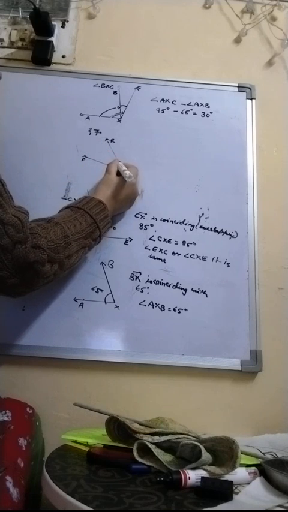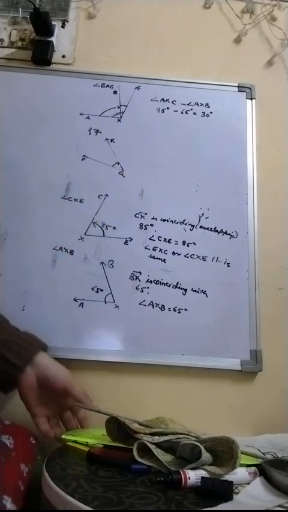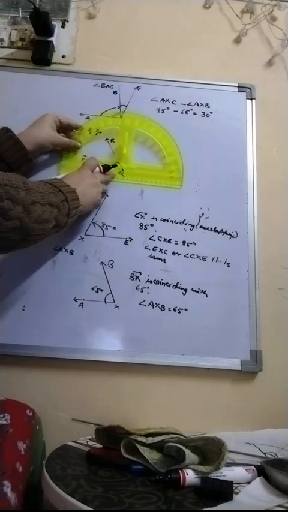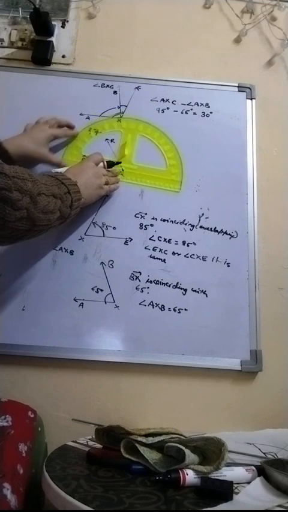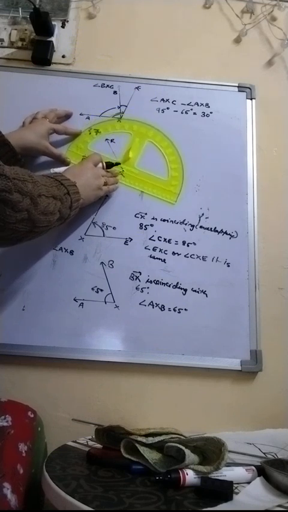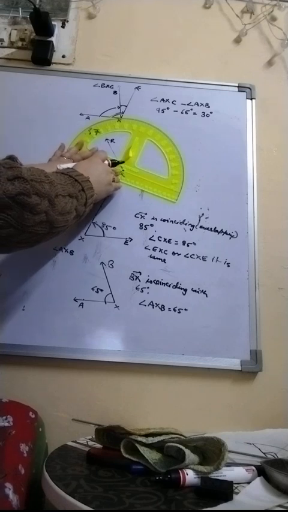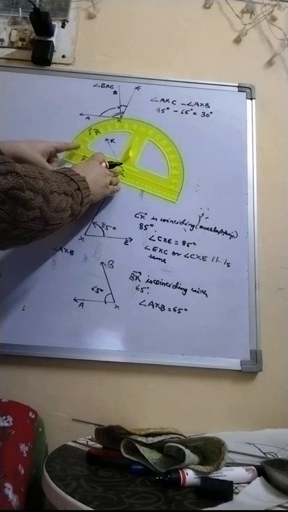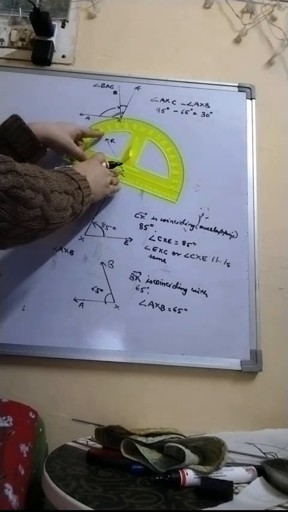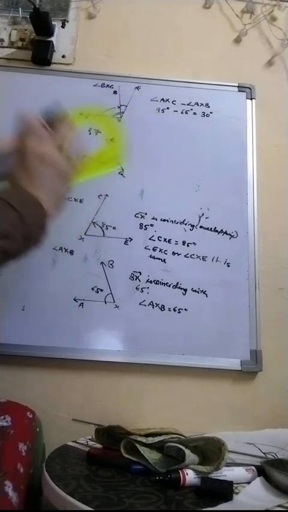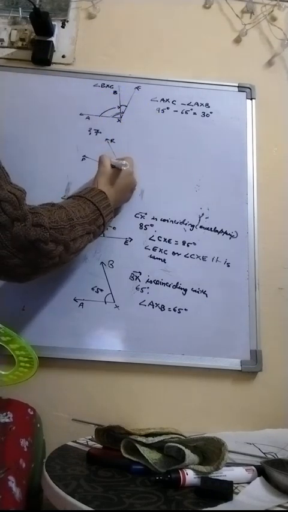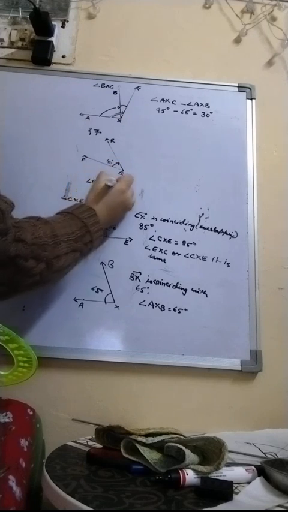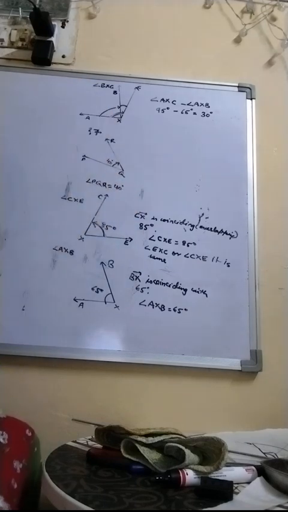From PQ to QR. The turning would be like this. So let's put the center of the protractor at the vertex, align the line, and we would get it start from reading 0, 10, 20, 30, and this is 40 degree. So your PQR is 40 degree. I can write over here PQR is 40 degree.